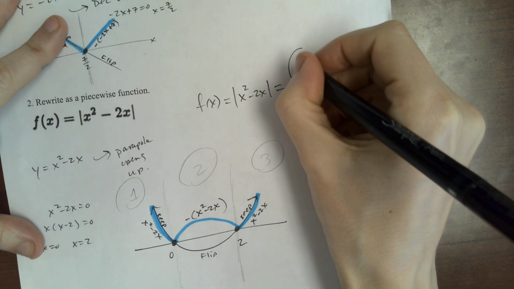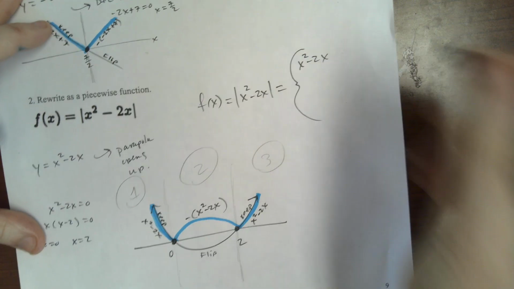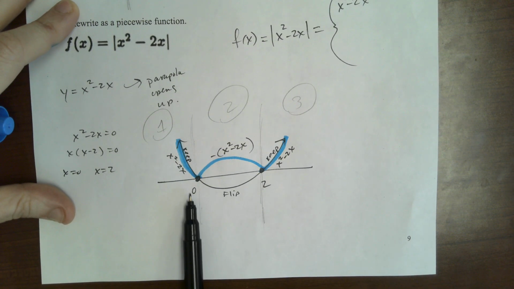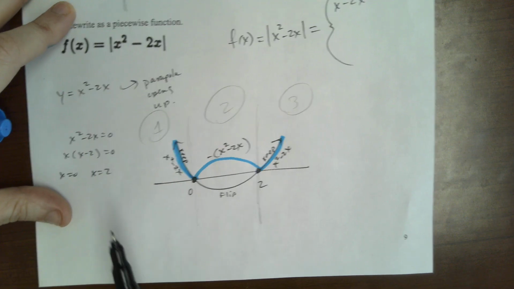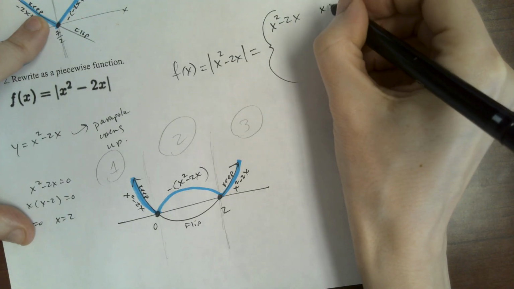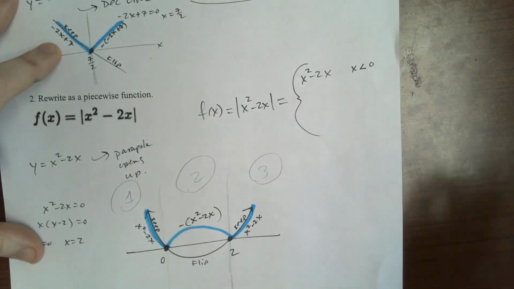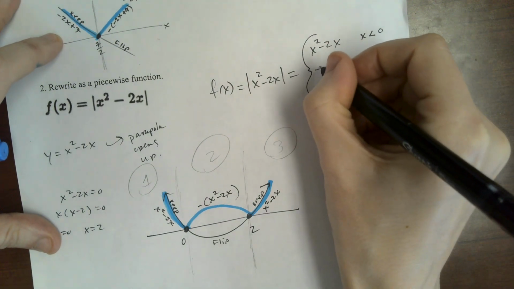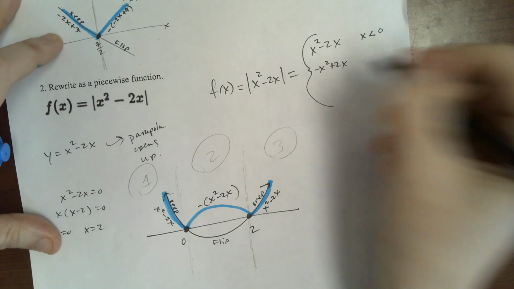So this first one, x squared minus 2x. Now, how do you describe section 1 with an inequality here? It would be x's that are less than 0. Now, the middle, I'll distribute the negative: negative x squared plus 2x.